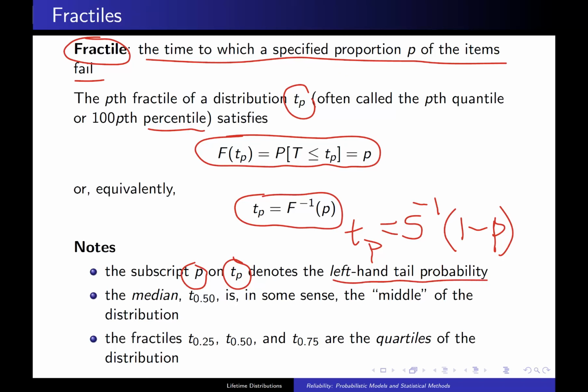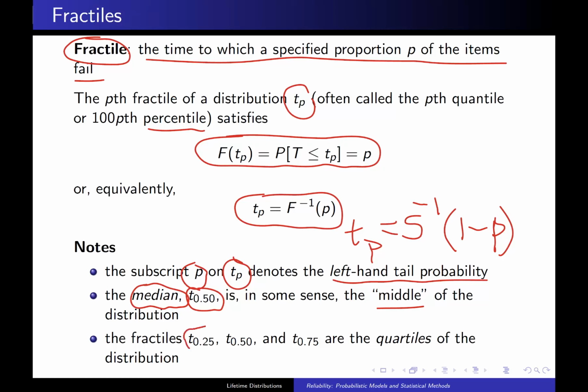There are certain languages like R that consistently use the left-hand tail probability.